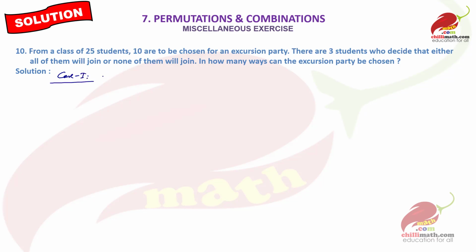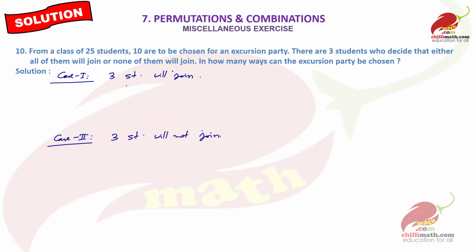Case 1 we write when these 3 students will join, and case 2, 3 students will not join. Okay, let's understand this.